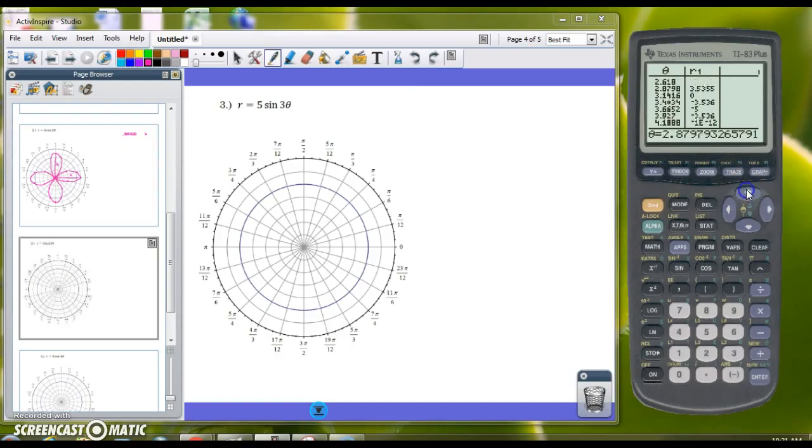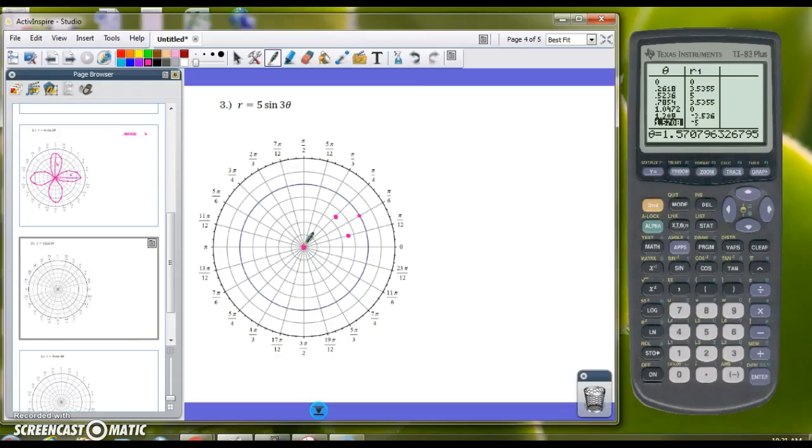So we will start at theta is 0, and we'll plug those values in. So we've got 0, and then 3.5, and then 5, and then we're back to 3.5, and then we're back at 0.